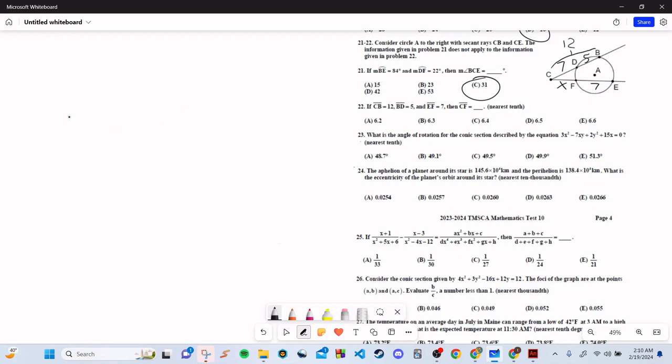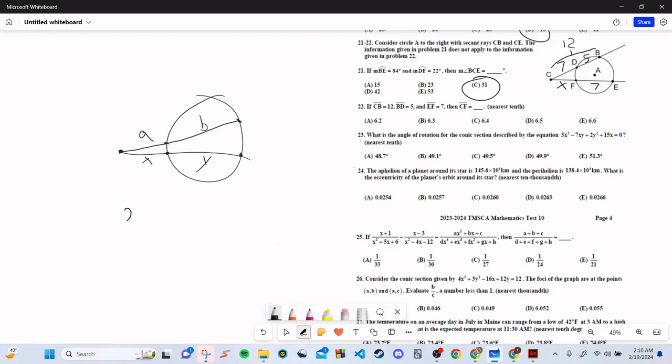Okay, so here's another formula that you've got to know. So if you've got these two secants passing through the circle that originate from the same point, say AB and XY are the lengths of these respective parts.